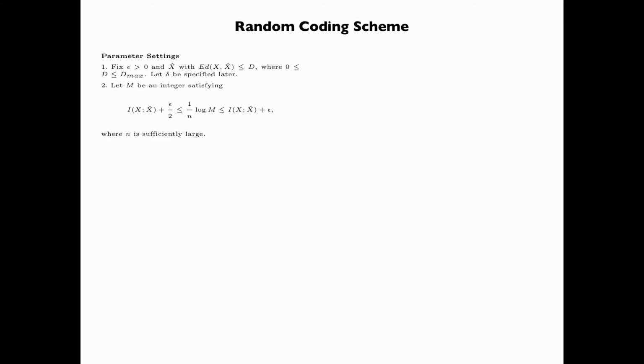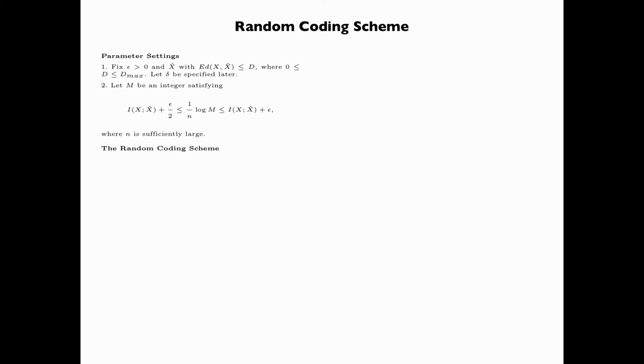Let M be an integer satisfying (1/n) log M ≥ I(X;X̂) + ε/2 and less than I(X;X̂) + ε, where n is sufficiently large. The idea here is that the rate of the code exceeds I(X;X̂), but not by too much.